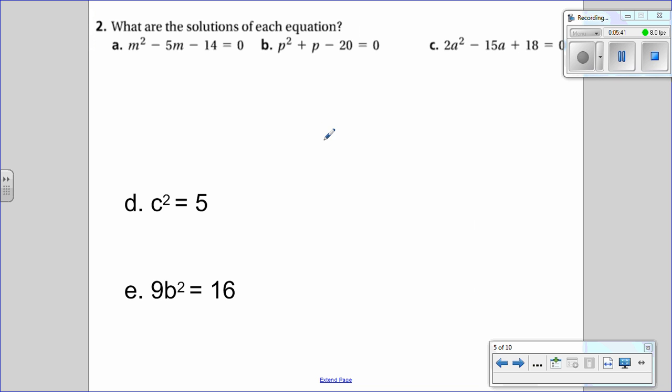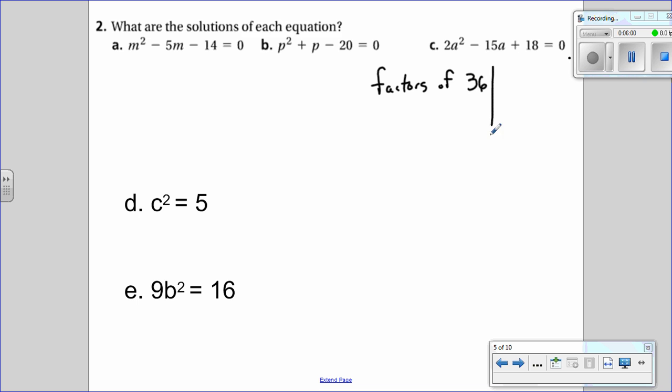Okay, let's try this one. Let's try C. C has an a term other than 1. So we get factors of 2 times 18 is 36.